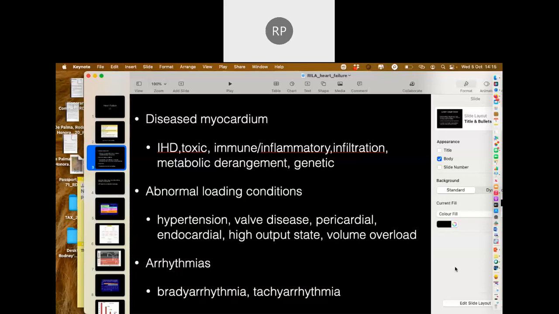And third major category would be arrhythmia, typically tachyarrhythmia, any abnormal heart rhythm that has a rate that's greater than 110 beats per minute and is prolonged can induce this in susceptible individuals. The commonest manifestation of this would be atrial fibrillation that is uncontrolled.